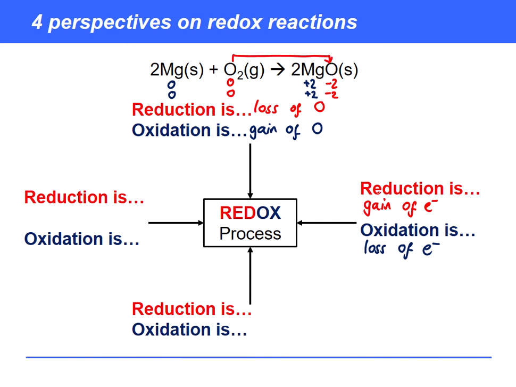Now, we said before that oxygen had gained electrons, so reduction must be a decrease in oxidation number. And conversely, magnesium here, which has increased in oxidation number from 0 to +2, we said had been oxidized before, so oxidation must be an increase in oxidation number. And so we've got another way of defining reduction and oxidation in terms of oxidation number.